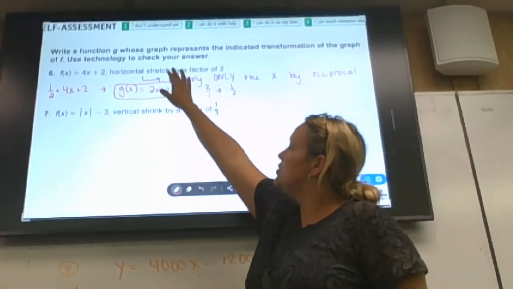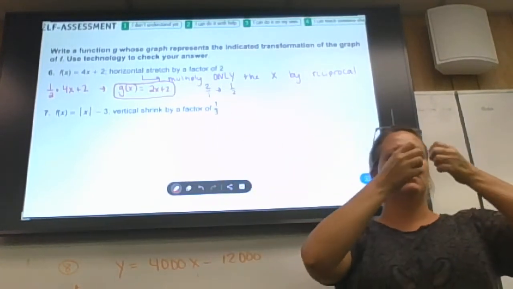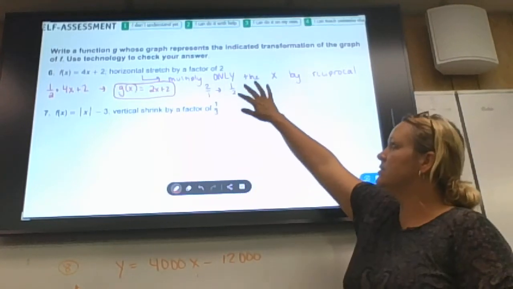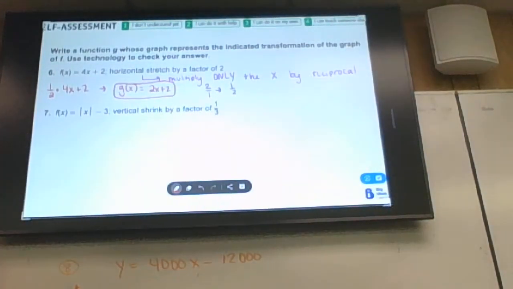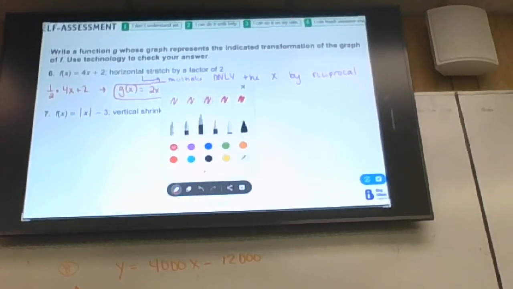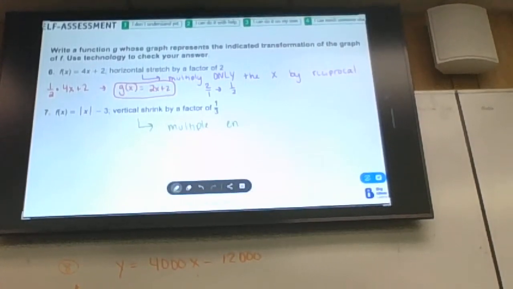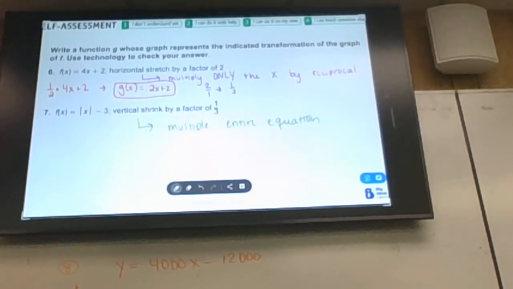So stretching something horizontally by 2 means that I need to make the slope actually smaller. That's why I do the reciprocal. It changes the slope, only for horizontal. For vertical, we multiply the whole equation. The whole thing changes.